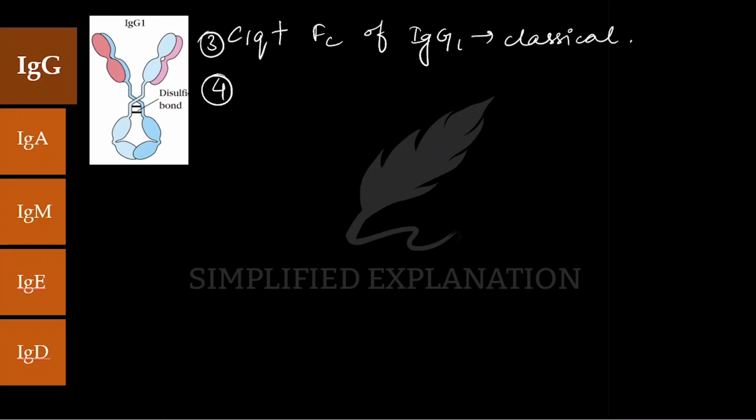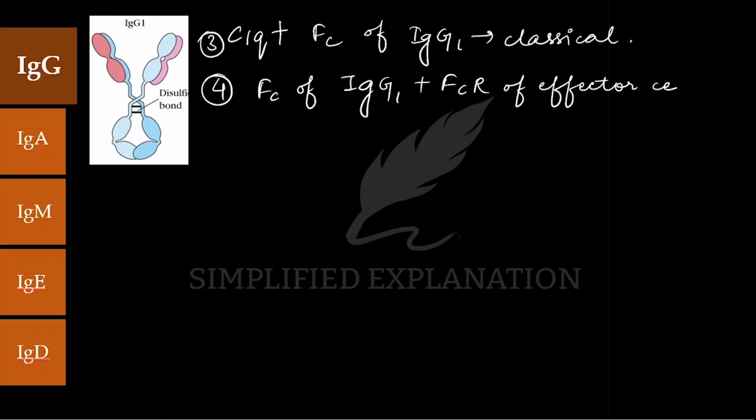Next, this Fc portion of IgG1 can interact with the Fc receptor of the effector cells also, and they can activate ADCC, antibody dependent cell mediated cytotoxicity. We had seen this procedure also.